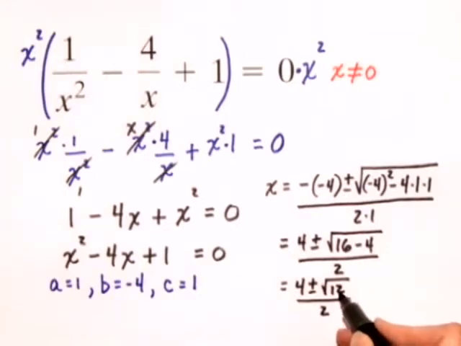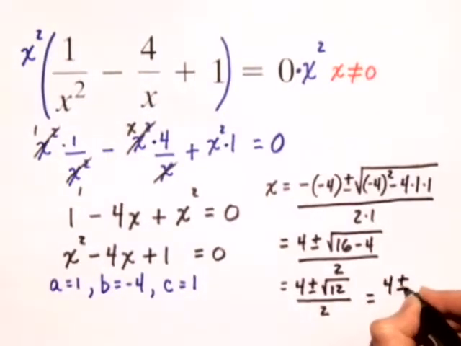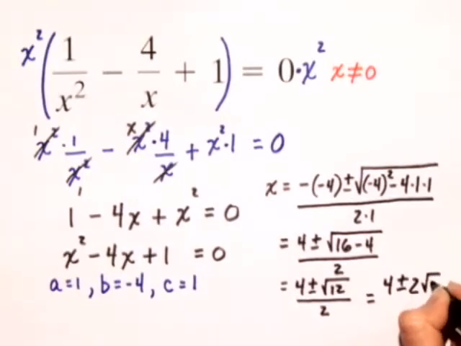Remember, the square root of 12 is the same as the square root of 4 times the square root of 3. So this simplifies to 4 plus or minus 2 times the square root of 3, all over 2. Now, before we write our final answer, we need to make sure that we've factored the numerator completely and divided out any like factors. And notice, we can actually factor out a 2 from the numerator.